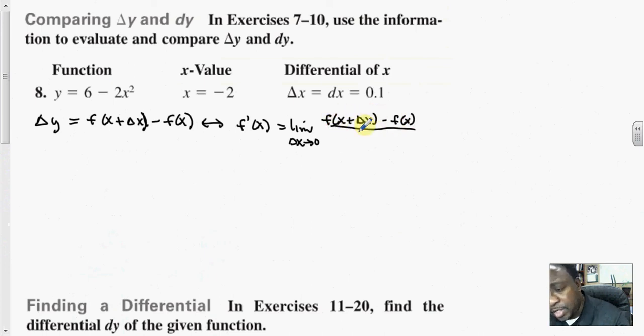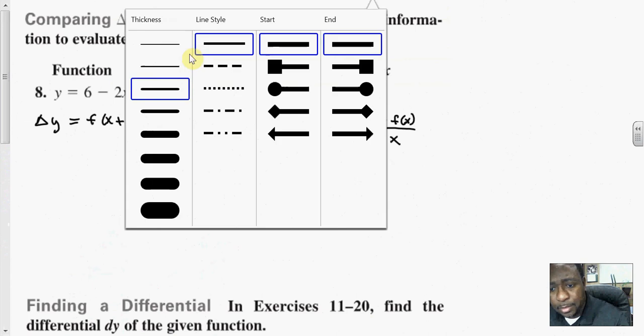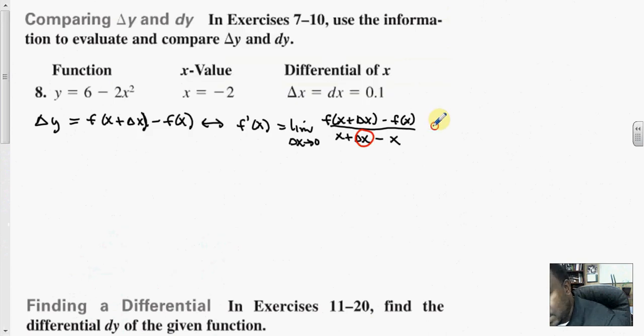The numerator is the change in y, and our denominator is the change in x, which is actually x plus delta x minus x. Well, obviously, your denominator just becomes delta x. This is said to be the so-called change in y with respect to the change in x.